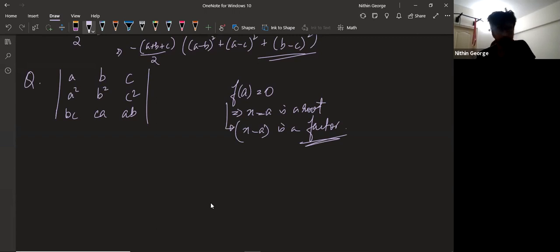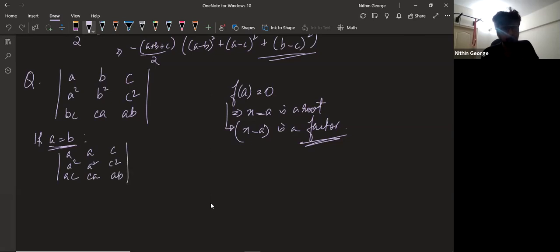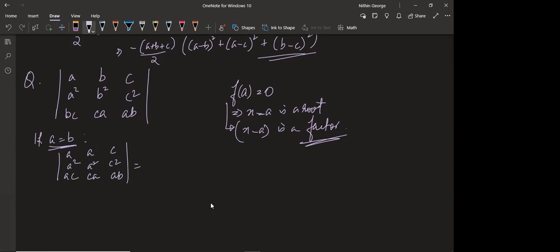Now, if we put a equal to b, what happens? This becomes a square, ac, and ca, c square, ab. What is this determinant? If a is equal to b, two columns are same, so you get 0.